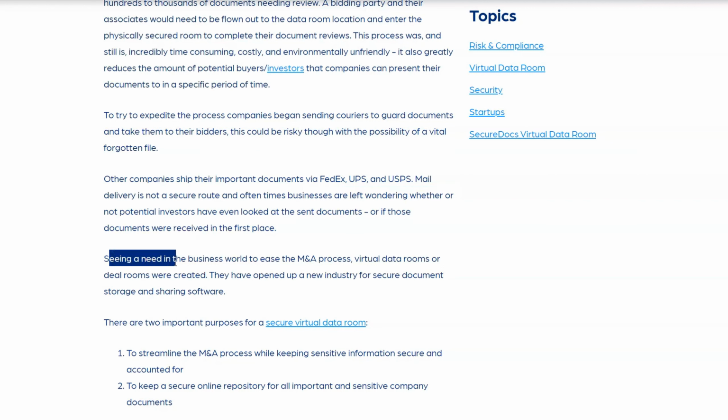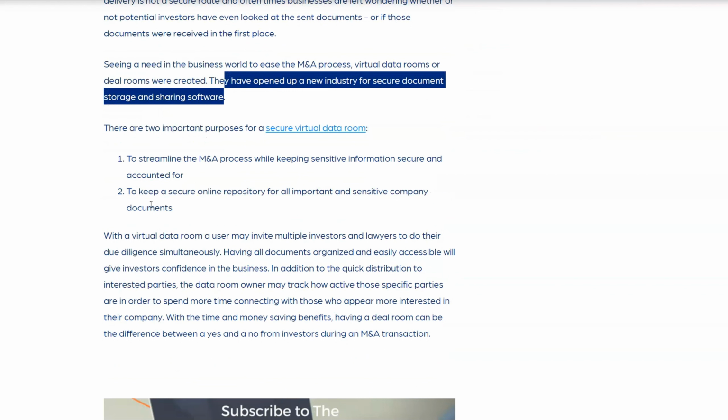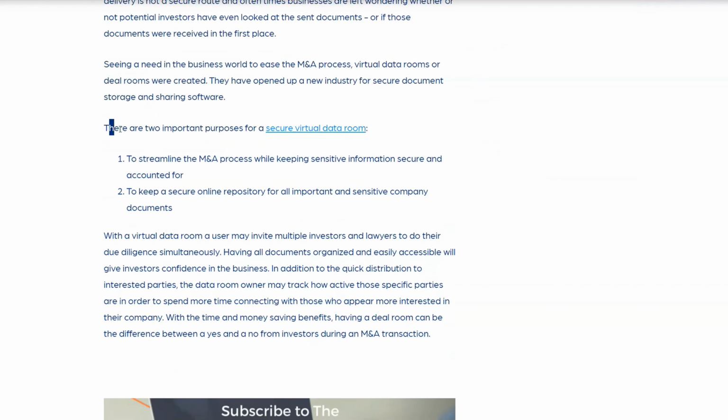Seeing a need in the business world for a better M&A process, virtual data rooms, or deal rooms, were created. They have opened up a new industry for secure document storage and sharing software. There are two important purposes for a secure virtual data room.